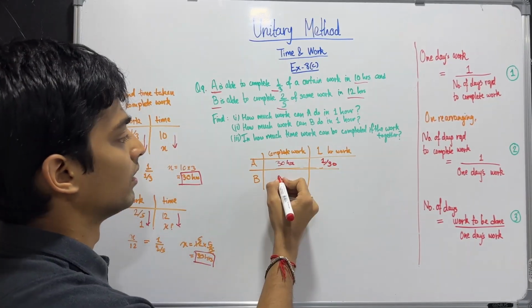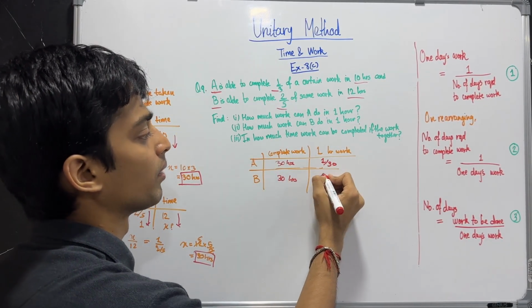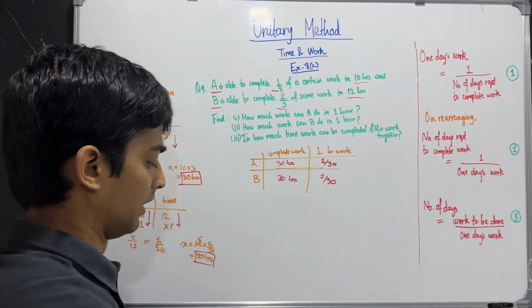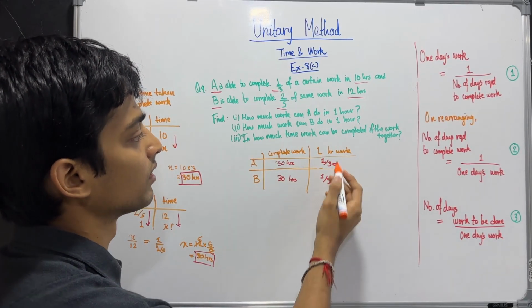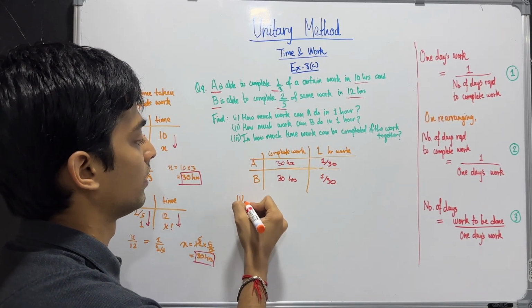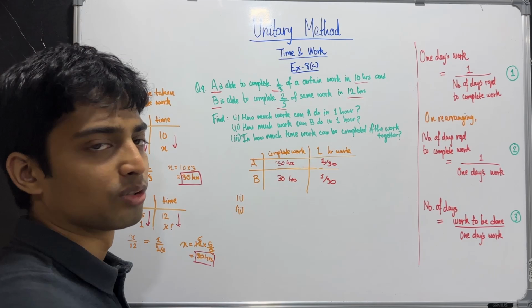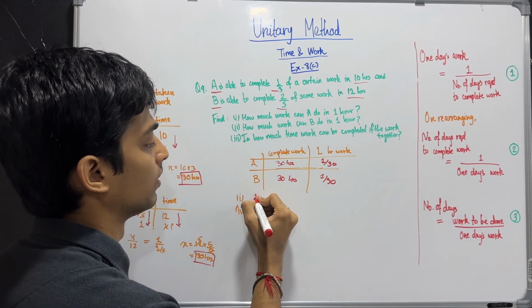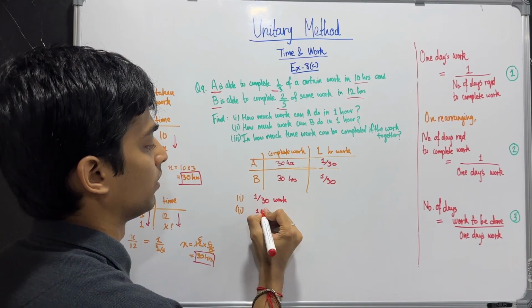Same with B, 30 hours, and this will be 1 upon 30, same. Let's see the first. How much work can A do in 1 hour? So we already know the answer, 1 upon 30. And how much work can B do in 1 hour? So it's 1 upon 30 for both. 1 upon 30 work, 1 upon 30 work.